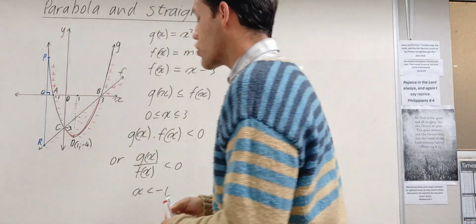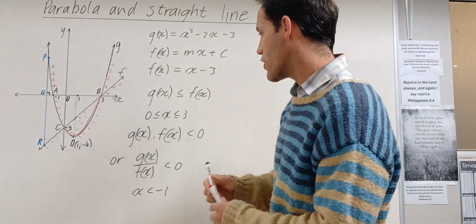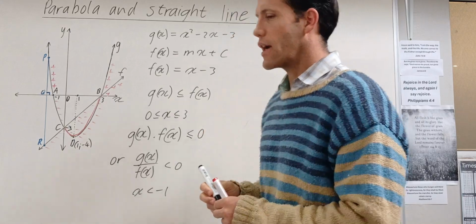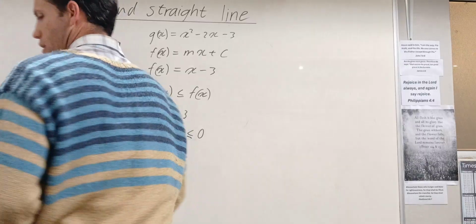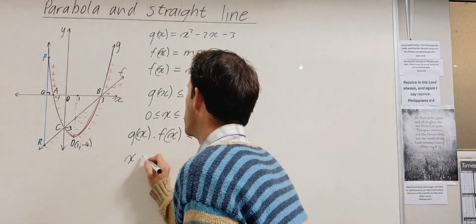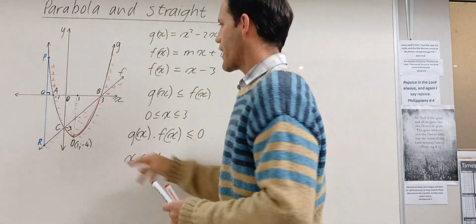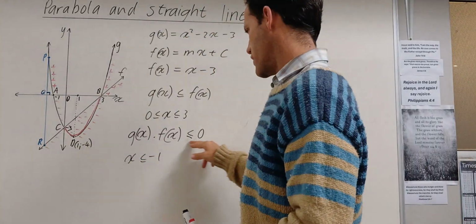Listen, if the question was instead where is it smaller or equal to 0? Let's just focus on that. Now you're going to be careful, because now we're going to say x must be smaller or equal to negative 1, because at negative 1 it's a 0 times a negative, which is still 0.